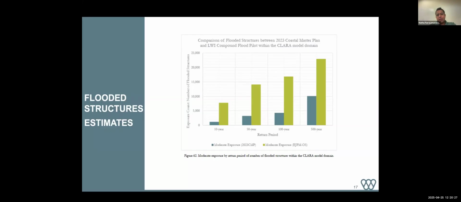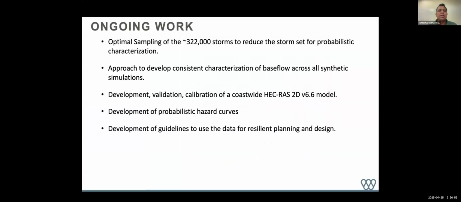And then the green boxes are from the extended JPM-OS, which is a full compound flooding effort. And we can immediately see that there was a significant impact in terms of the number of flooded structures that were exposed. Again, as Antonia mentioned, this is not going to be the same in every geography, but this just shows you the importance of incorporating compounding impacts into hazard assessments.